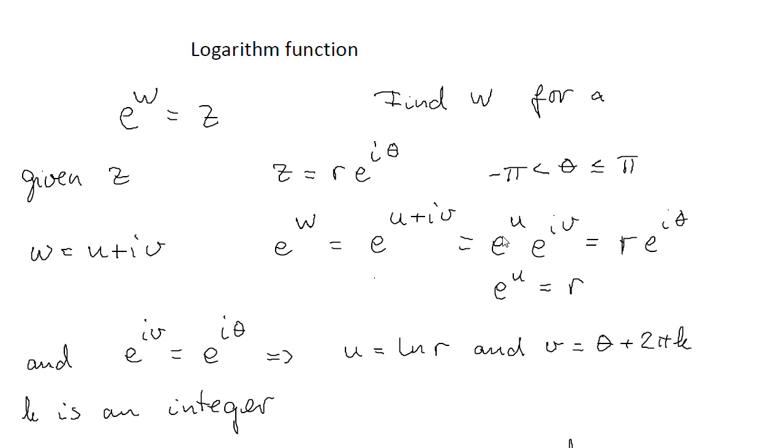So we know that this must be a real variable, and we have this e to the iv, which must be the angle for the total complex number. So what we conclude is that e to the u must be equal to this r, and similarly we obtain that e to the iv must be equal to this e to the i theta.